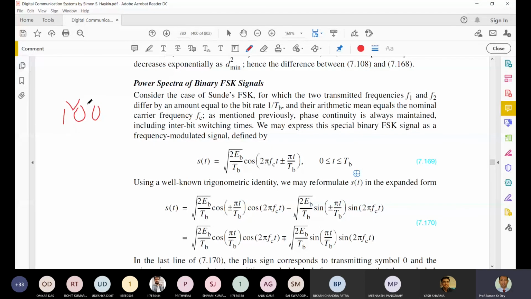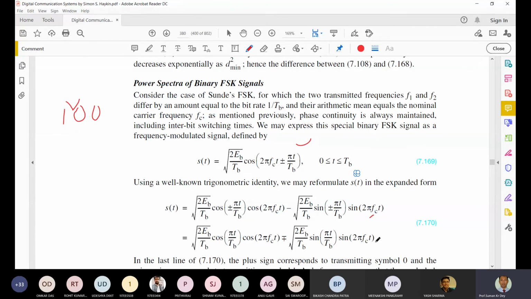So to maintain the continuity in the phase at the inter-bit switching times, we can express the binary frequency shift keying signal as a frequency modulated signal. In the frequency modulated signal, this is the expression. If we do the trigonometry, we can write that expression equal to this.